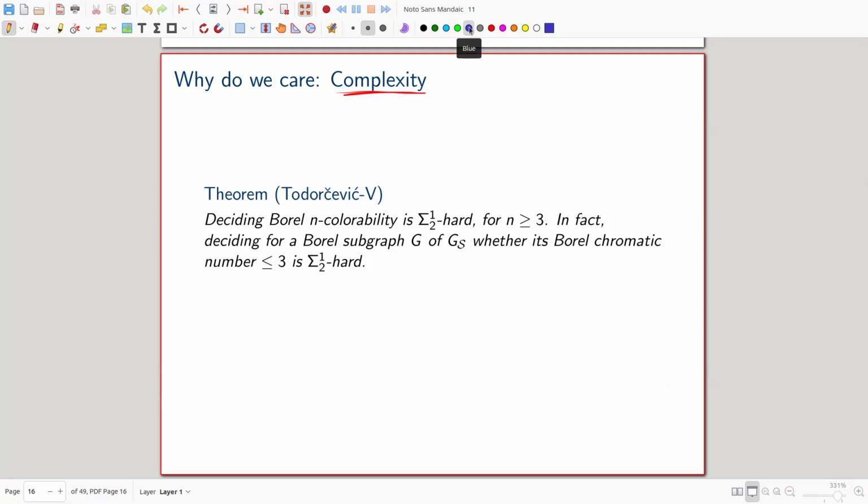This can be formalized, and from the finitary world, you might conjecture that 3 coloring is actually very hard to decide. And you can even formulate it in the descriptive context.